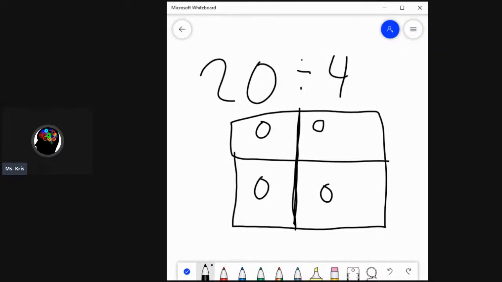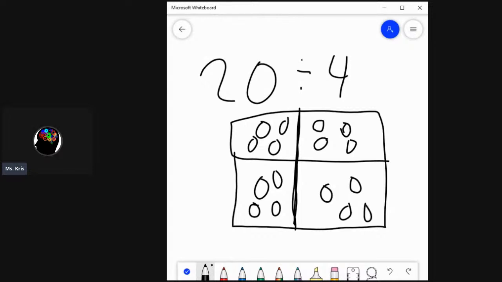So I did counterclockwise 1, 2, 3, 4, 5, 6, 7, 8, 9, 10, 11, 12, 13, 14, 15, 16, 17, 18, 19, 20.